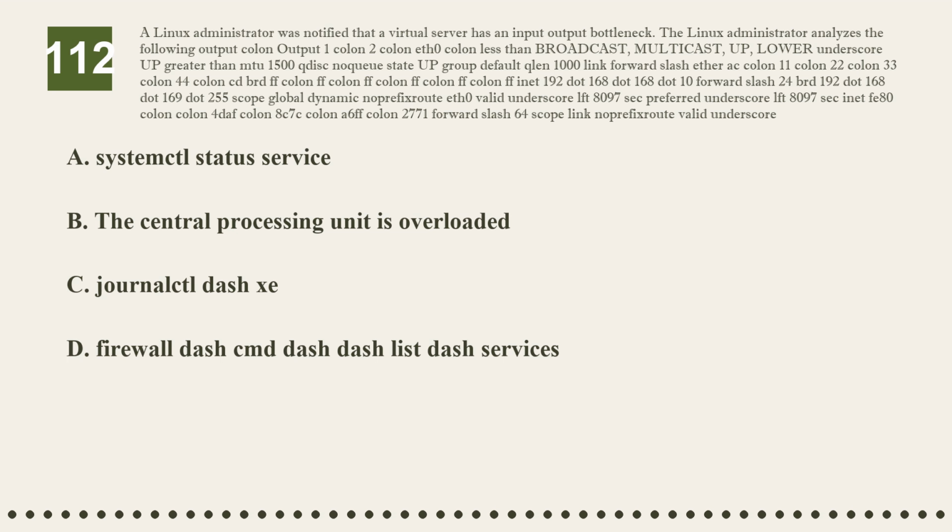The Linux administrator analyzes the following output: 2: eth0: <BROADCAST,MULTICAST,UP,LOWER_UP> mtu 1500 qdisc noqueue state UP group default qlen 1000, link/ether ac:11:22:33:44:cd brd ff:ff:ff:ff:ff:ff, inet 192.168.168.10/24 brd 192.168.169.255 scope global dynamic eth0, valid_lft 8097sec.